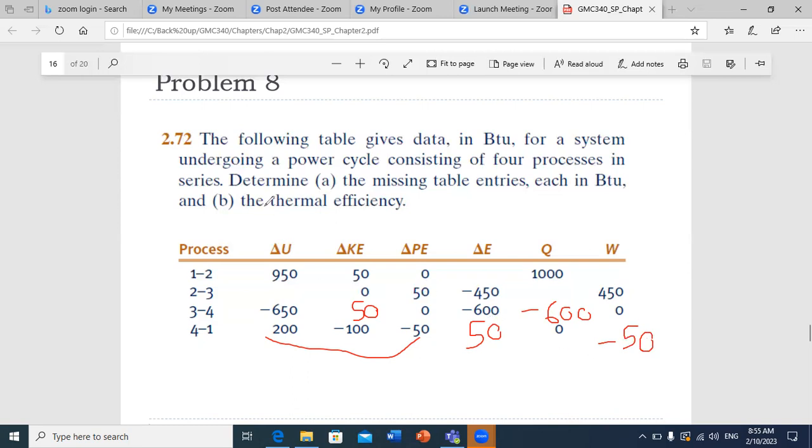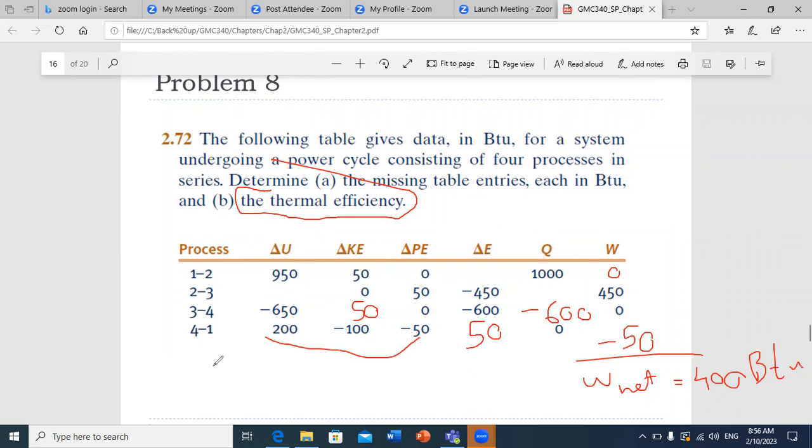Now, how do we calculate the thermal efficiency here? To calculate the thermal efficiency, first we calculate W net of the cycle. So W net is 400. It's a positive value, so it's 400 BTU. It's a power cycle, okay?